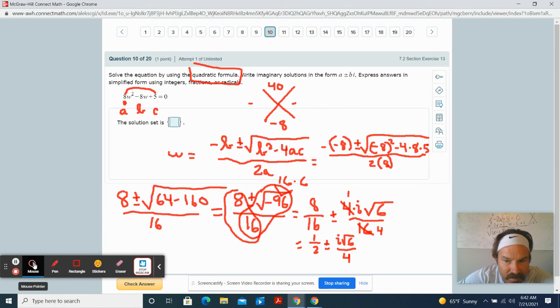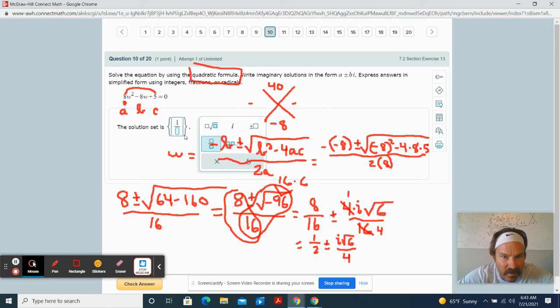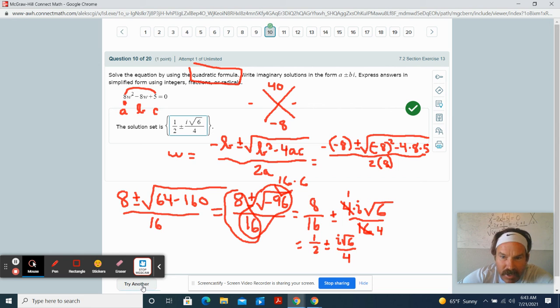Okay, so I'm going to use the fraction tool to put the 1/2. Then I'm going to put the plus or minus. And then I'm going to use the other fraction tool to put the i and then square root 6 and then 4. So that's in the form a plus or minus bi, where bi is the imaginary part. Then I can check my answer. And we get the green check mark.